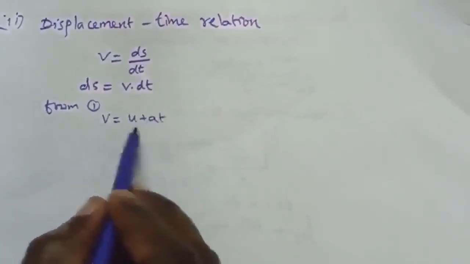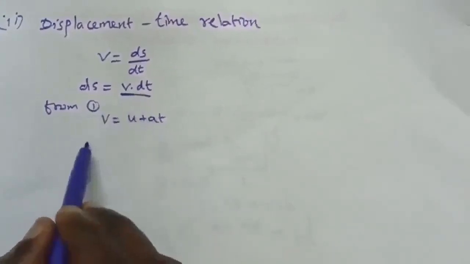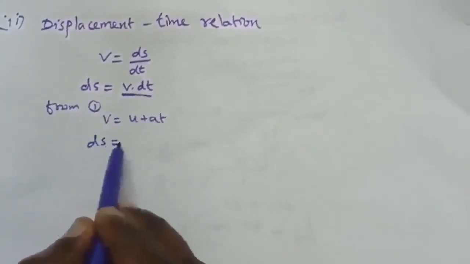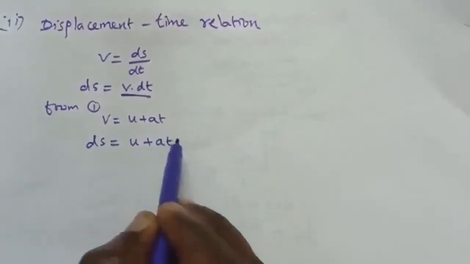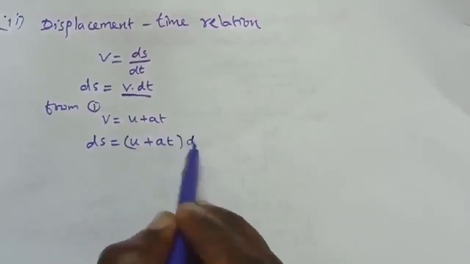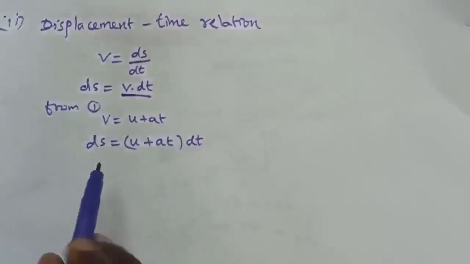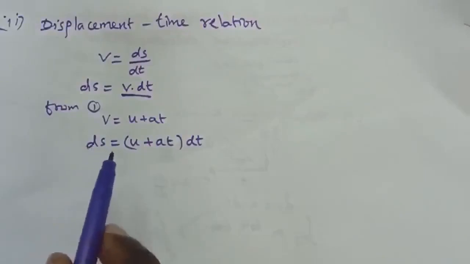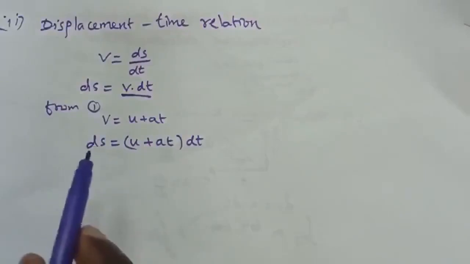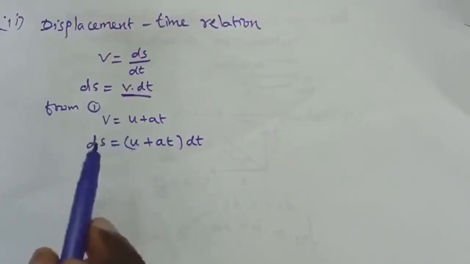Substituting this relation, ds is equal to (u plus at) dt. Assume that initially, at time t equal to 0, the particle started from the origin, and at a later time, the final time t, it has some displacement, assuming the acceleration is time independent.